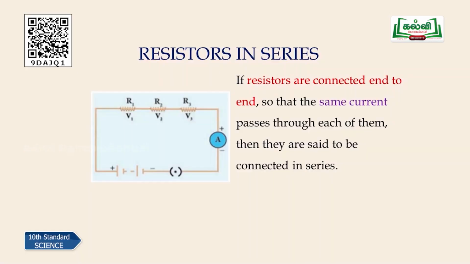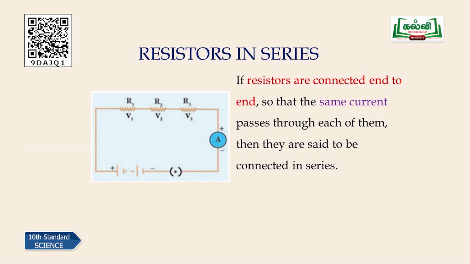Then they are said to be connected in series. When we connect the resistors end to end, the amount of current passing through them is equal. Then we can say resistors are connected in series.